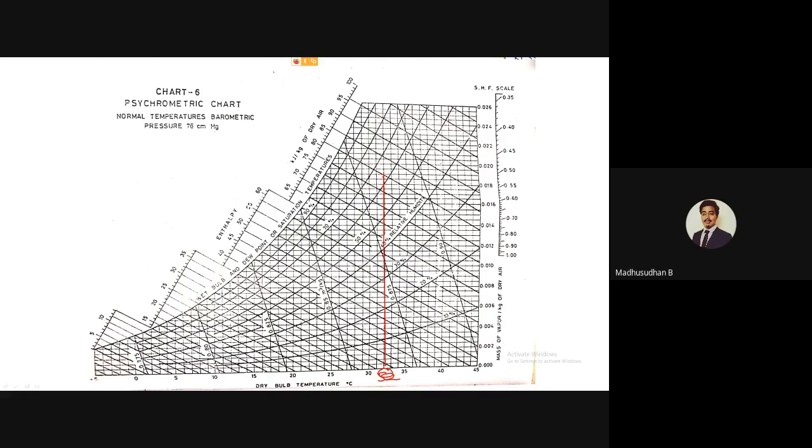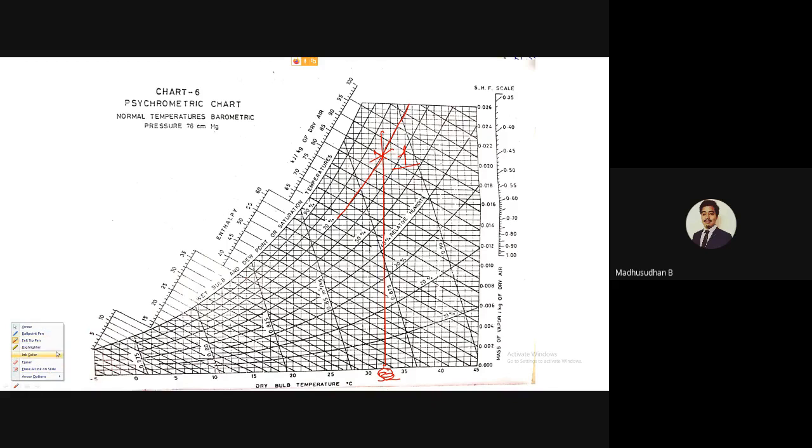Next, what is the phi value of the outdoor condition? Phi value is 70%. So check where the 70% curve is. So here is the 70% curve. Join these two curves to mark your state 1. So you have marked your state 1 here.